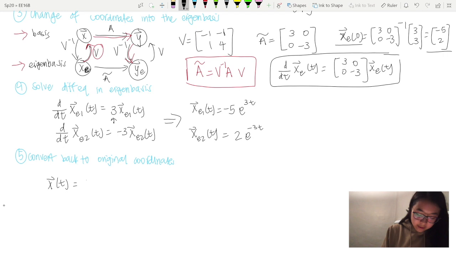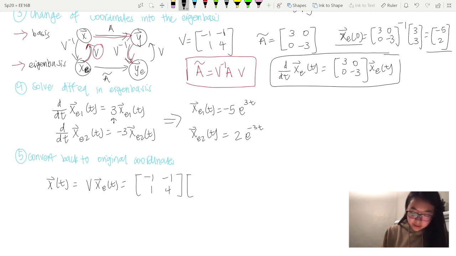just equal to v times x tilde of t, which specifically, if we write down the original v and then put in our two values, will then be equal to this.